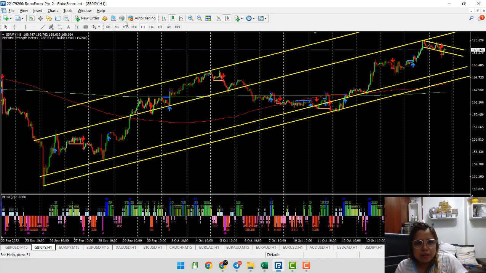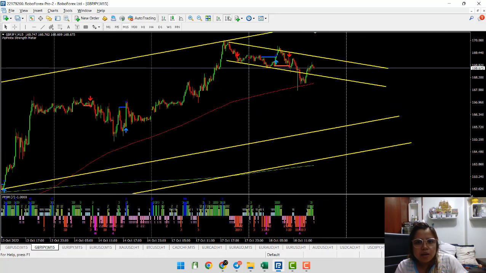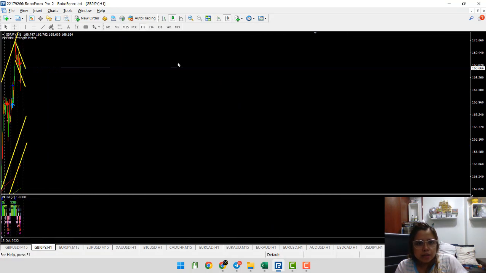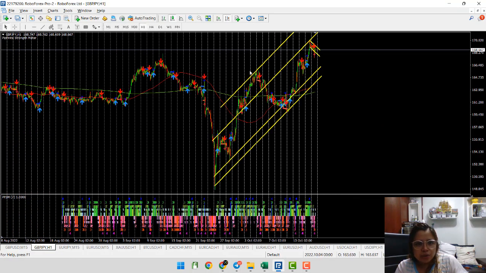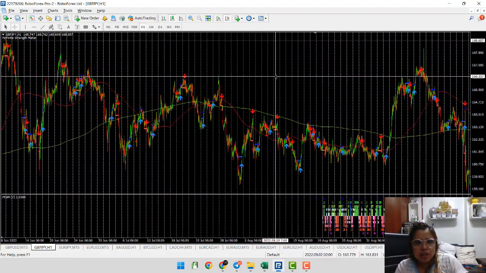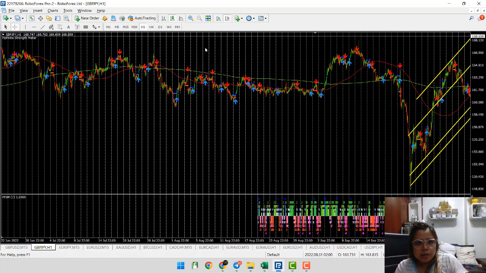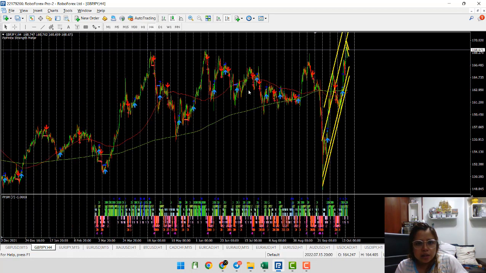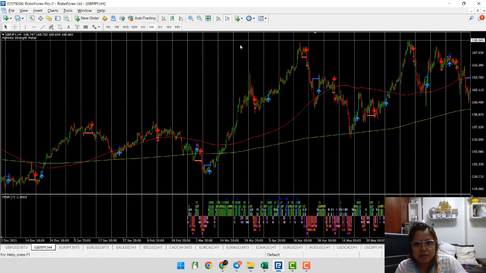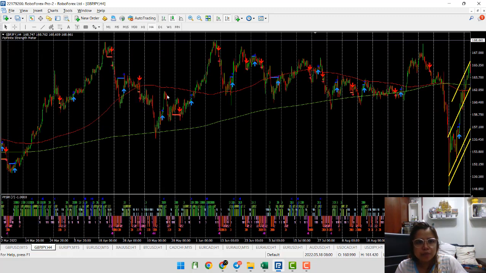So for pound yen, let me just look at it on the 15-minute time frame. Let me see if it has reached any level. So on the 1 hour chart right here, you will notice that yesterday we have already breached this level.